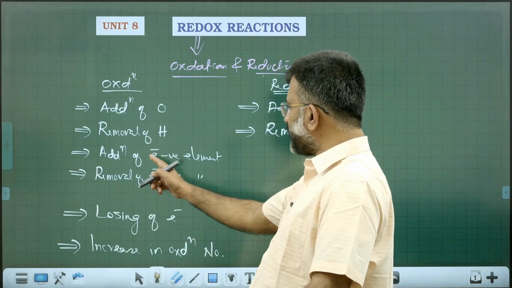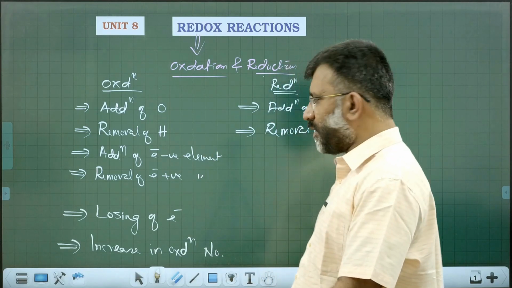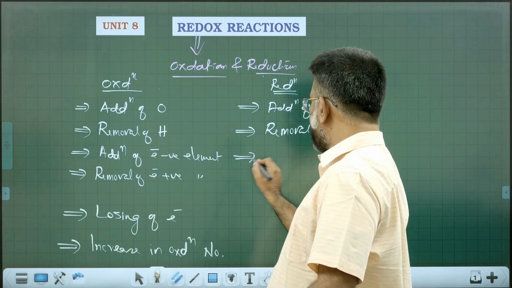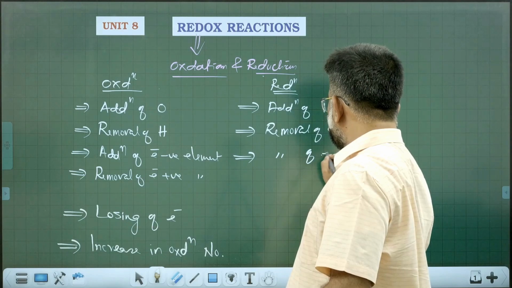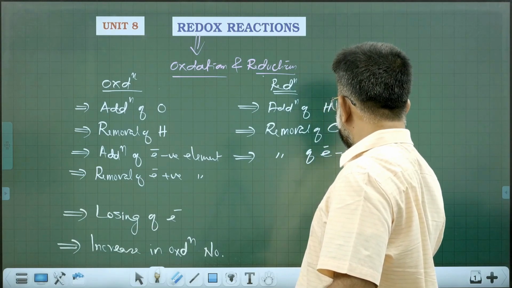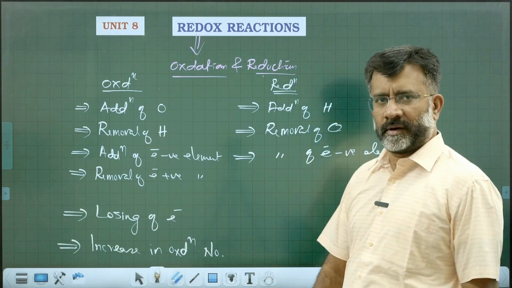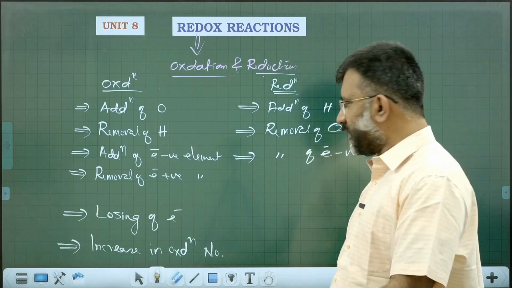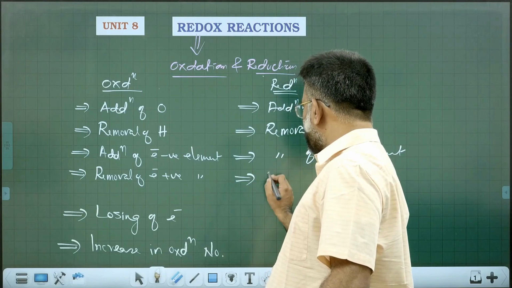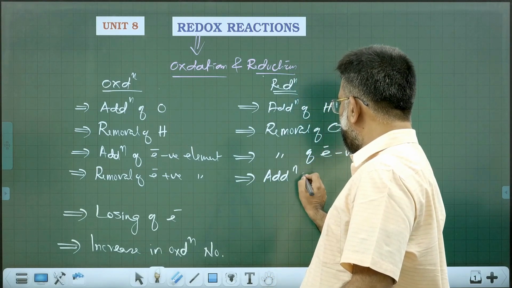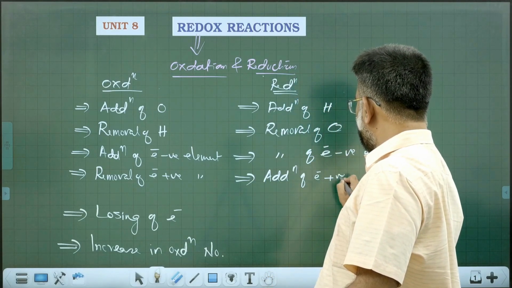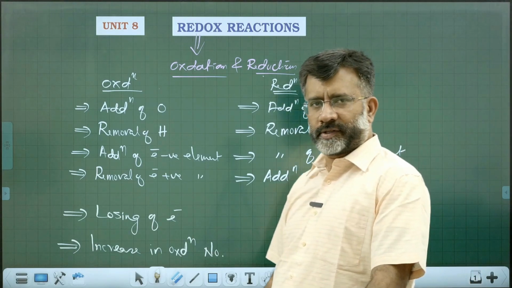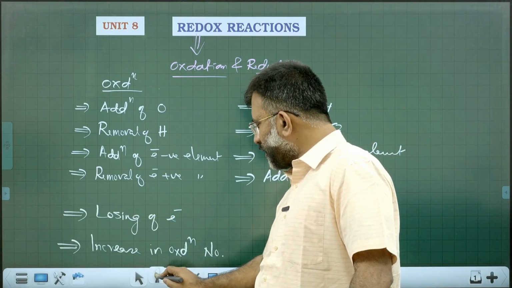Addition of electronegative element called oxidation, removal of electronegative element called reduction. Removal of electropositive element called oxidation, while addition of electropositive element called reduction.